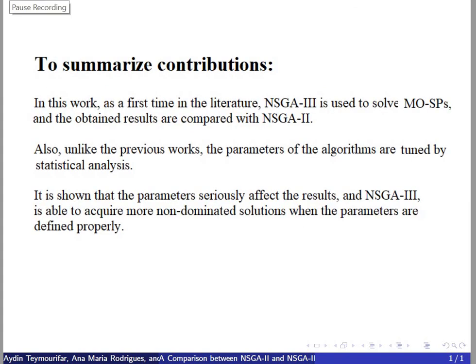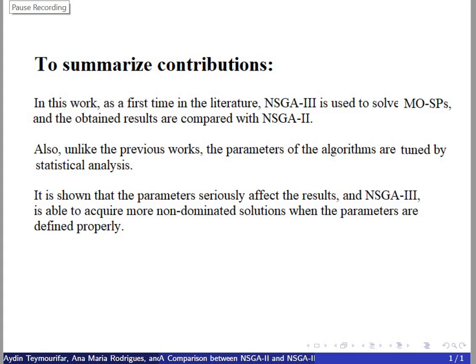Now we can summarize the contributions of this work. In this study, for the first time in the literature, NSGA-III is used to solve the multi-objective sectorization problem, and the obtained results are compared with NSGA-II.